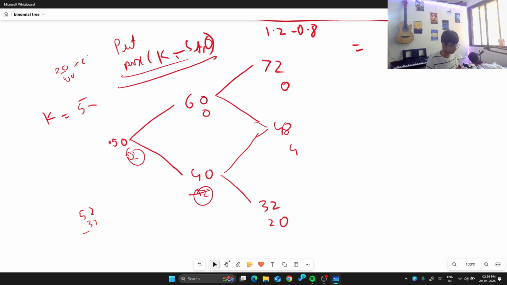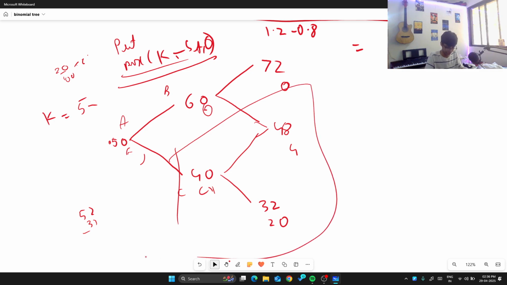So let's find this node, we have to find 0, A, B, C. So for C node, we will look at this graph, right? And our formula would be f equals e to the minus 0.05 into 1. We have the whole formula, so we don't have to find this and find this and then add.